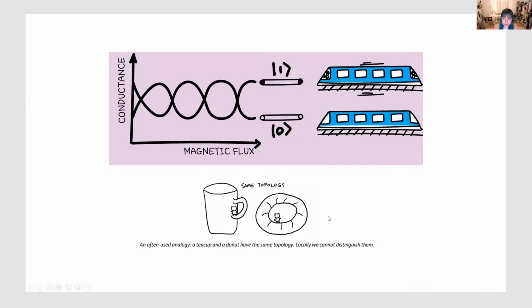So in this case, the topological qubits are not so affected by local errors. You still need to isolate them. You need to carefully set up your system not to be contaminated by the environment, but it is much less prone to environmental error.